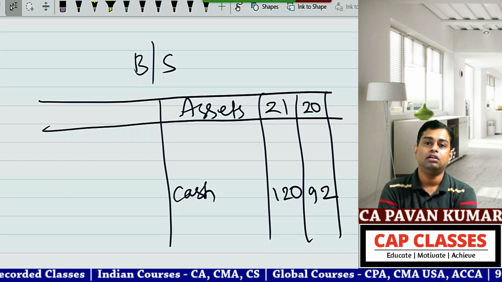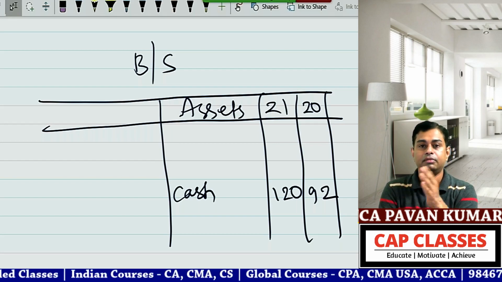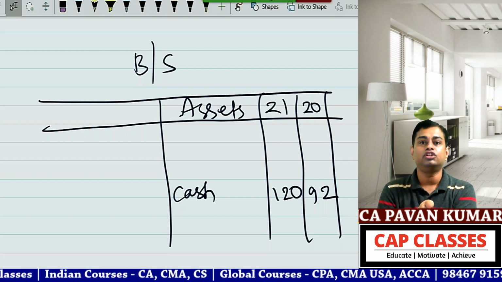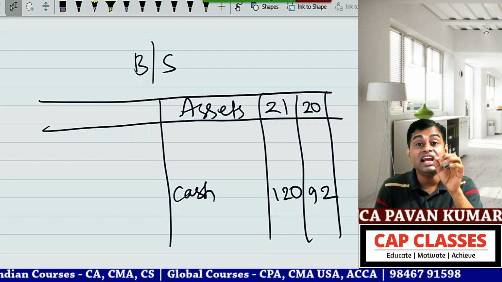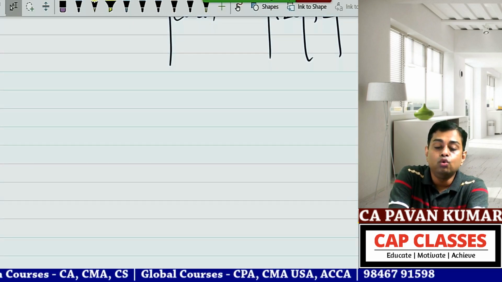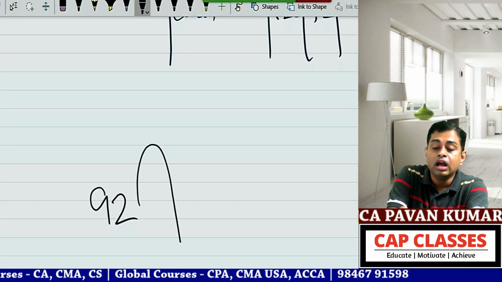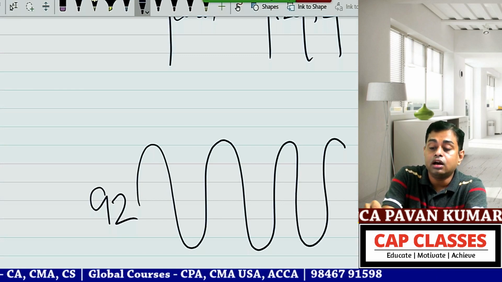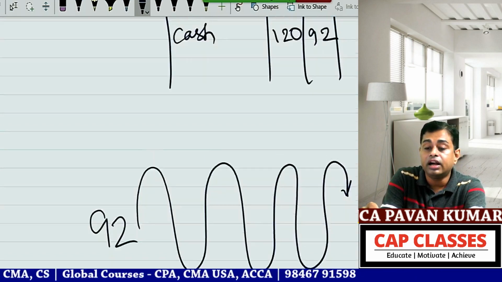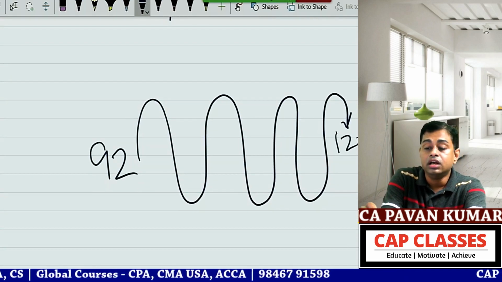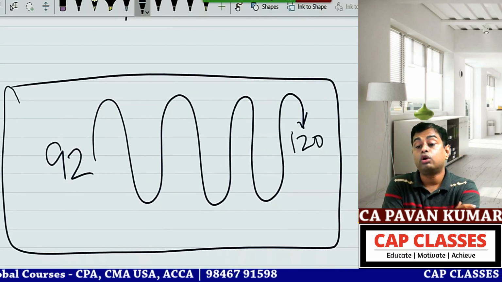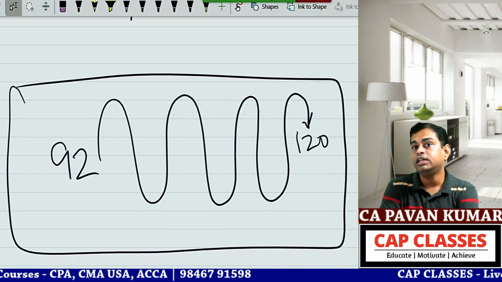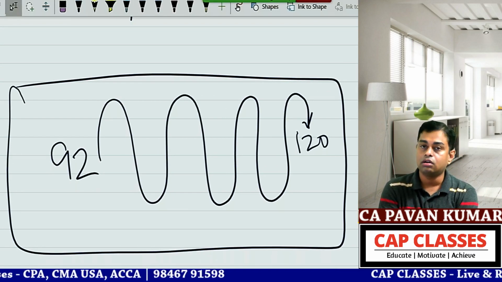I said, turn the page. In the next page, the cash flow statement is there, which is the reconciliation of how this 92 has become 120. This is the cash flow statement. Now the shareholder will ask, oh, cash flow statement is a reconciliation between opening and closing?